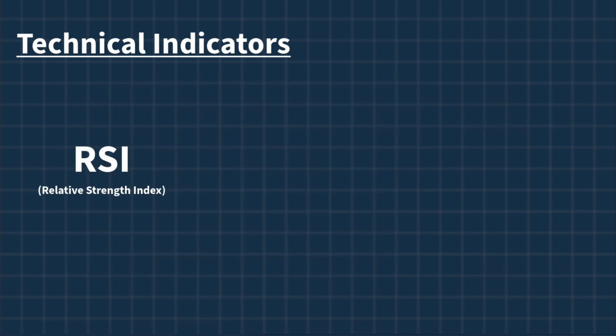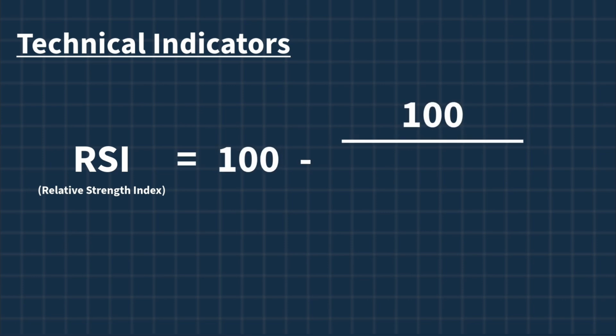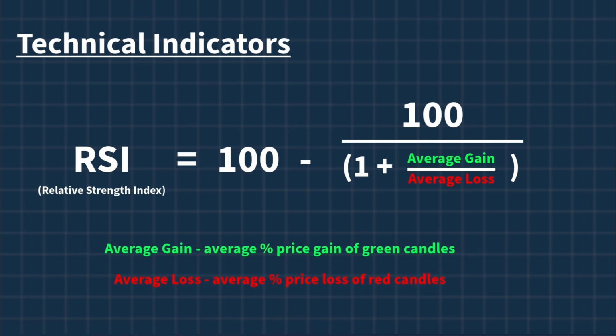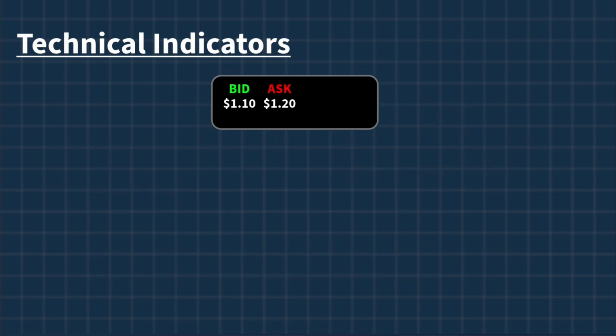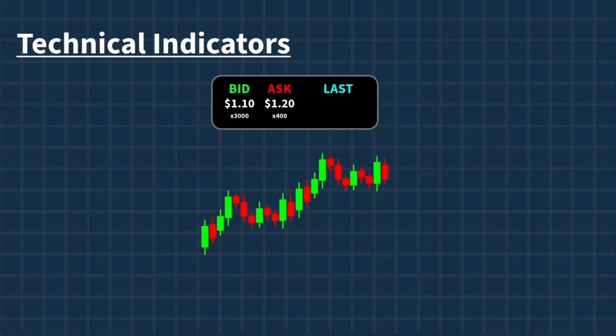RSI, or the relative strength index, is 100 minus 100 divided by 1 plus the average gain divided by the average loss. So this is just using price movements because the average gain or average loss is just a difference in price. All of them use price and how price has moved, and or volume, which is the shares that are traded. Now you have this information, what do you do with it?